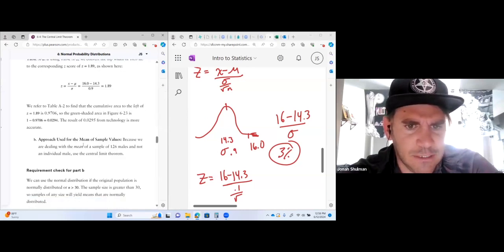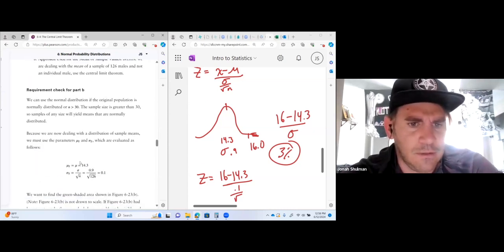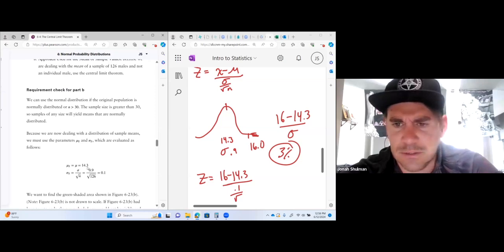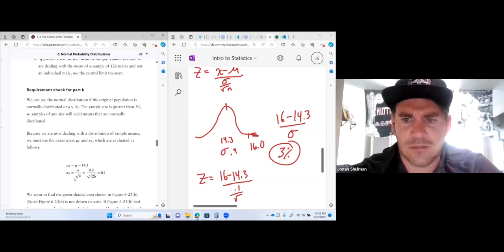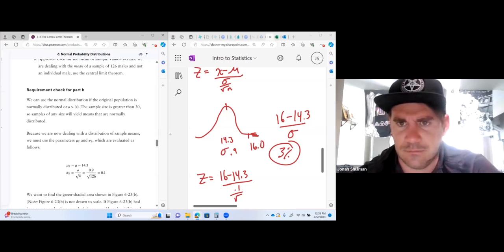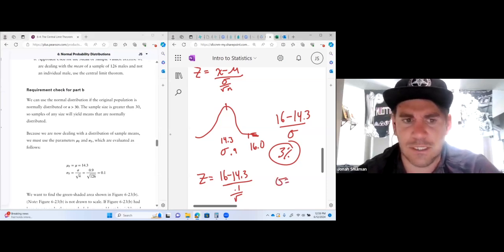Now, because we were dealing with the mean of the sample and not an individual amount, for part B, we got to use the central limit theorem. So it's still going to be, our mean is still the same. And to get our standard deviation, we need a difference in deviation.